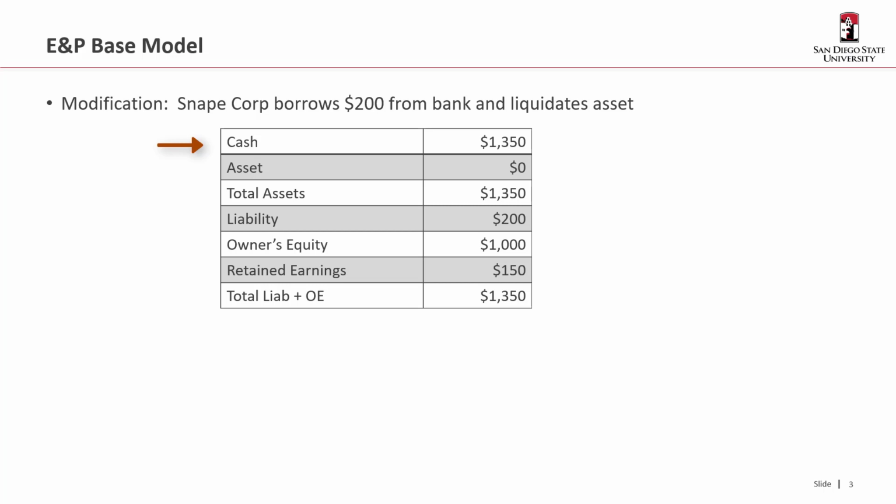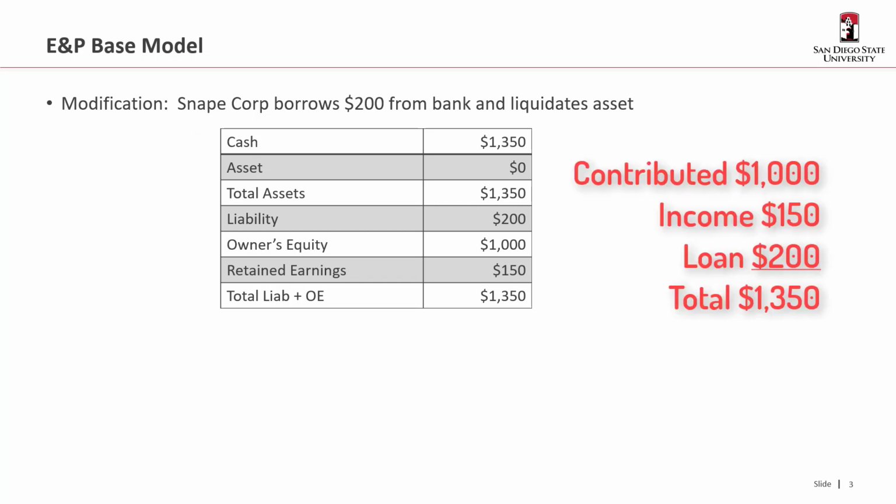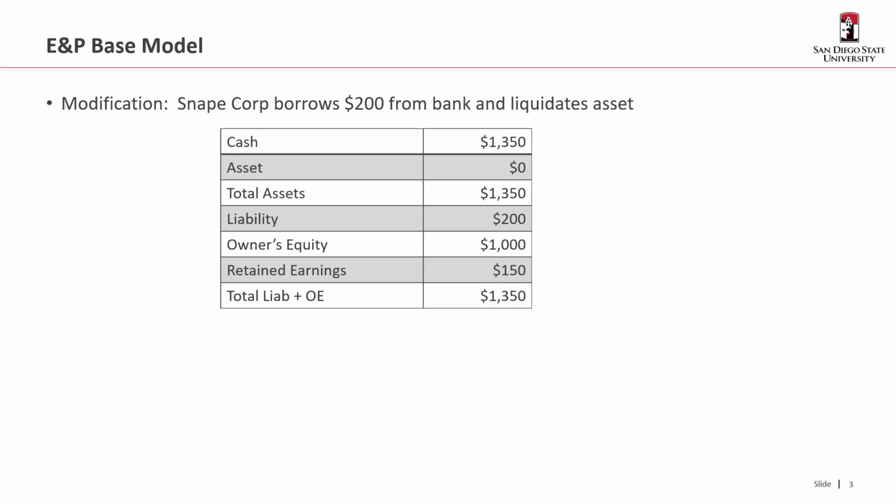It's liquidated everything, and all that is left is $1,350 of cash. So that's the $1,000 Severus put in, the $150 that the corporation generated in earnings, and then the $200 that it borrowed from the bank. Now on the liability side, we see that $200 bank liability, we see owner's equity of $1,000, and the retained earnings of $150 that we're used to seeing.